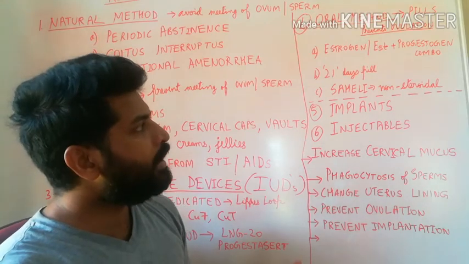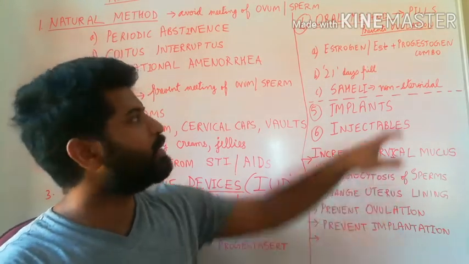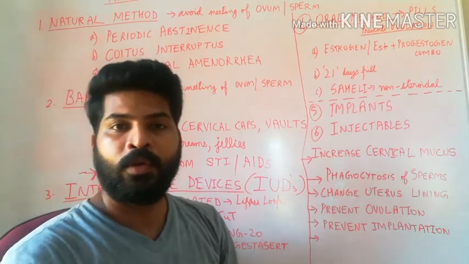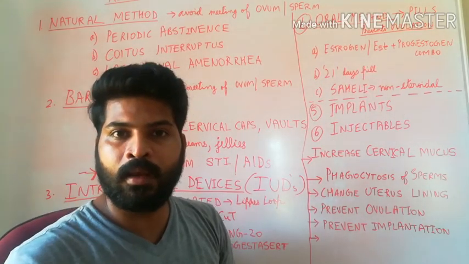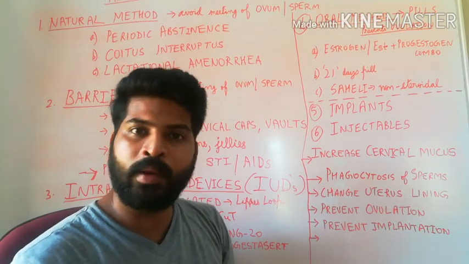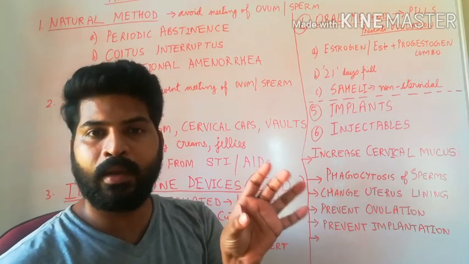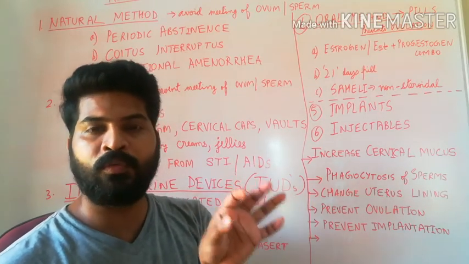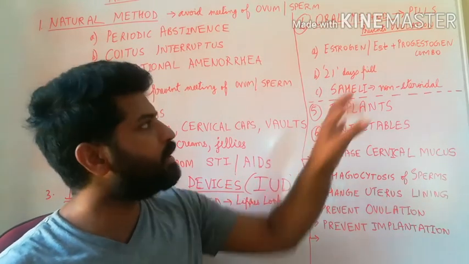There are different types of pills available. For example, there is a pill which has to be taken for 21 days. So if you look at the female menstrual cycle, which lasts for 28 or 29 days, the first 7 days is the menstrual phase. So soon after the menstrual phase, females have to start taking this pill.